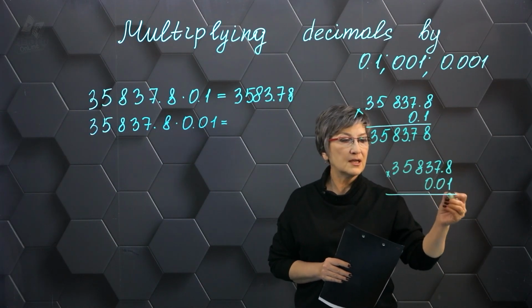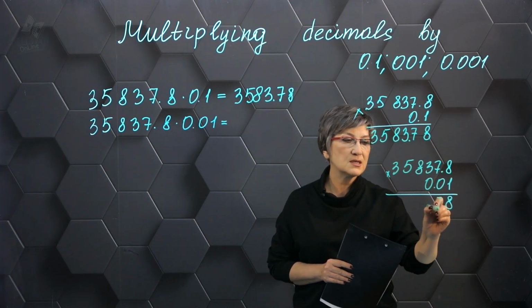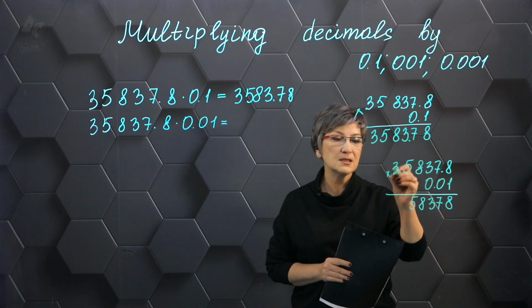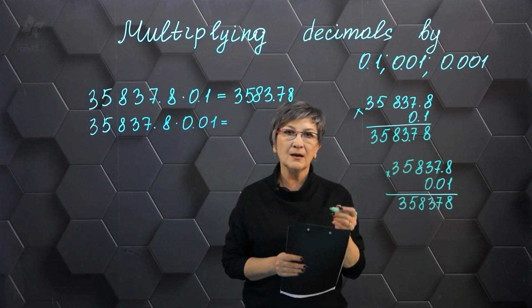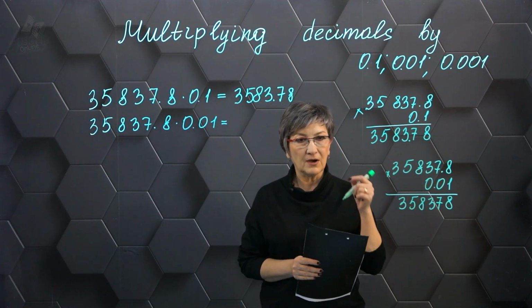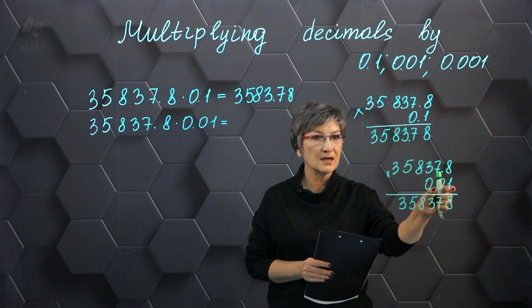When I multiply by 1, the resulting product remains the same. So multiplying 1 by 8 gives us 8, by 7 gives us 7, by 3 gives us 3, by 8 gives us 8, by 5 gives us 5, and by 3 again gives us 3. Therefore, we are multiplying the decimal numbers without considering the decimal point. And now, in the answer, we have to count the number of digits after the decimal point.